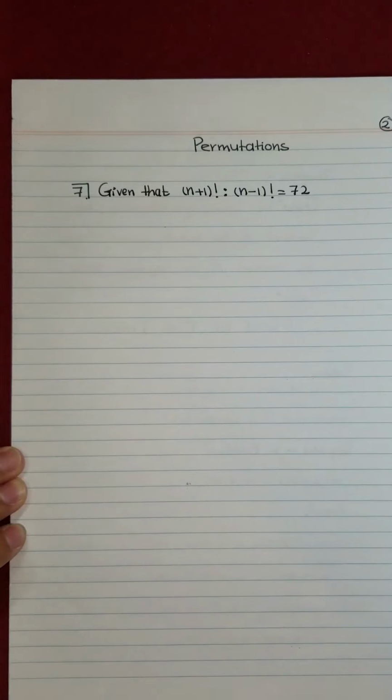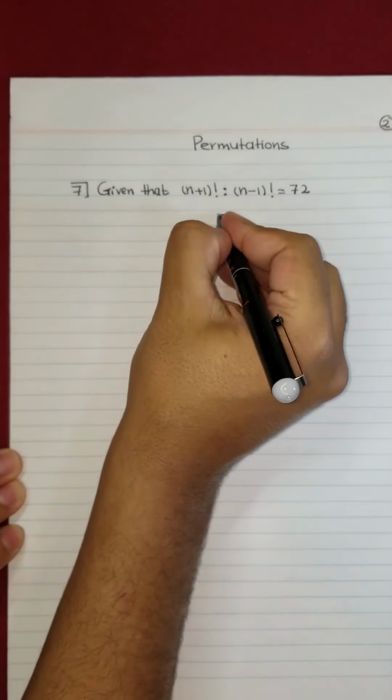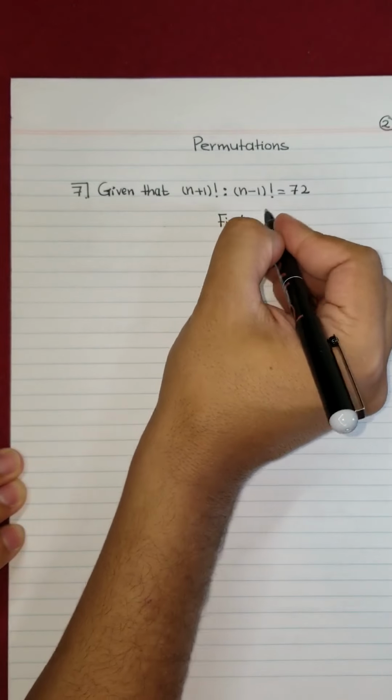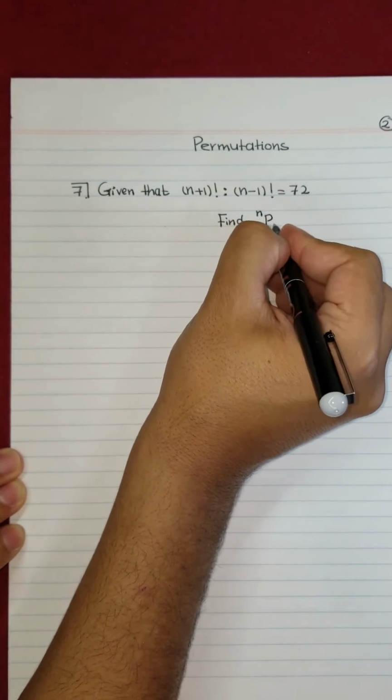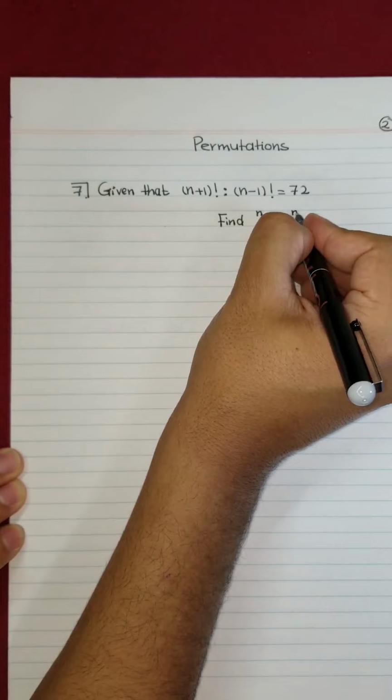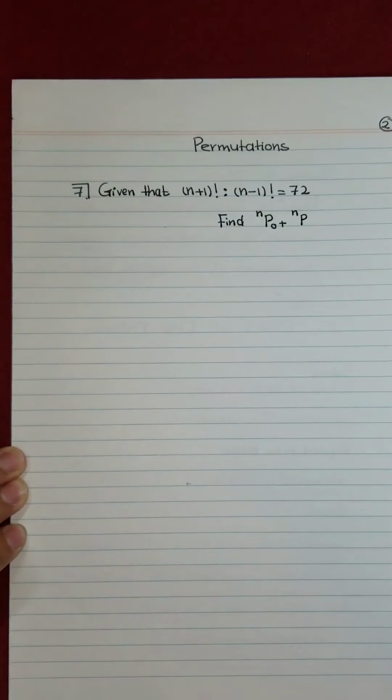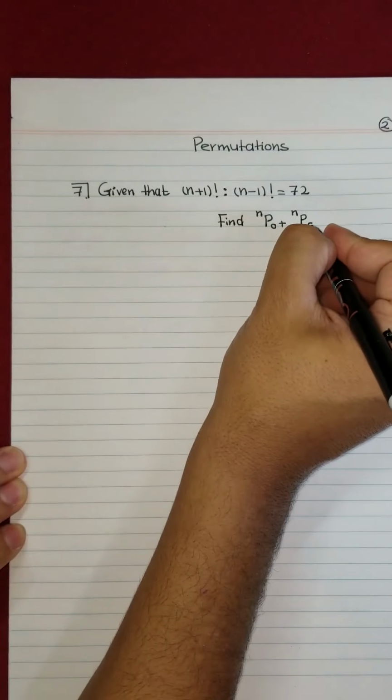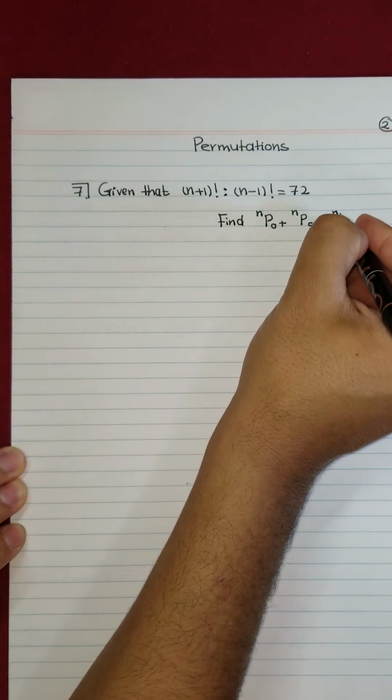The question is asking us to find n permutation 0 plus n permutation 5 plus n permutation 2.